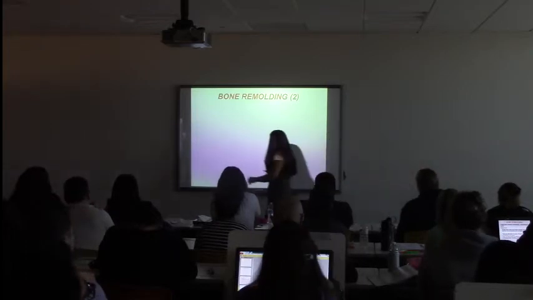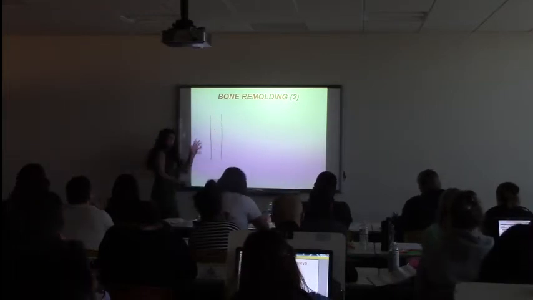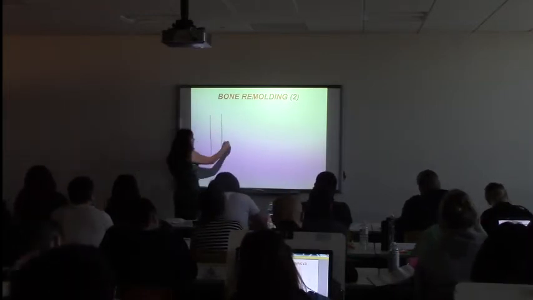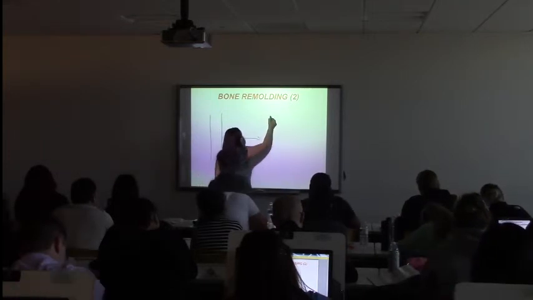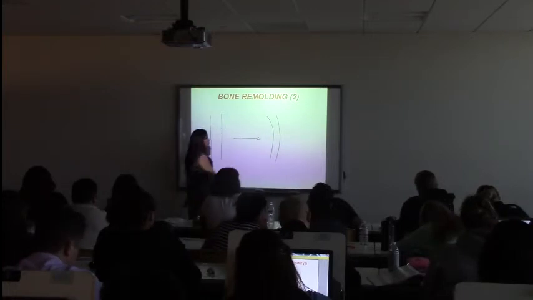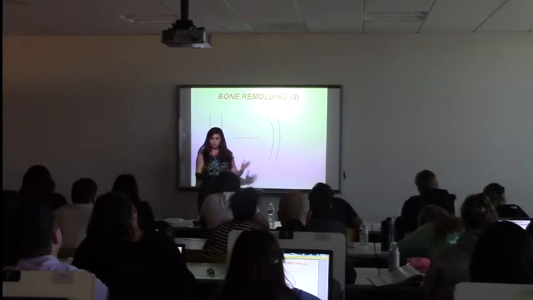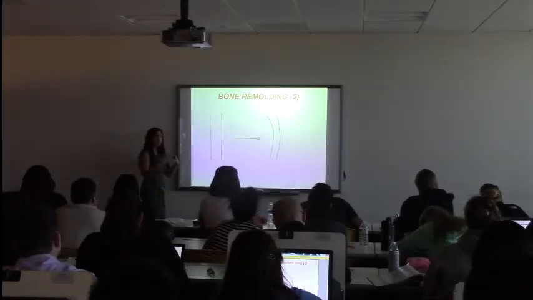As a teenager, your bones are basically fairly straight. There's no curvature. As you get older, your bones start to curve. You see the hips are like this, and now it starts to form that curvature. This is why adults have curvature.